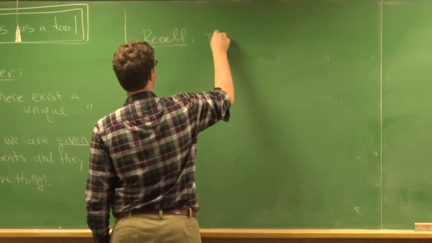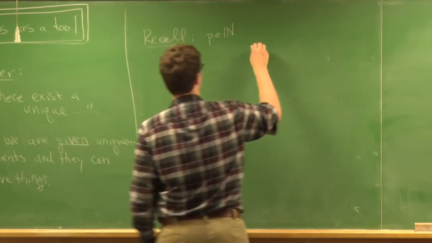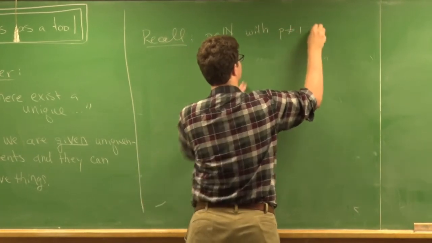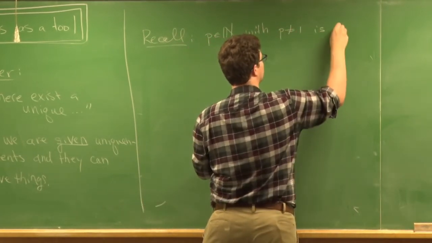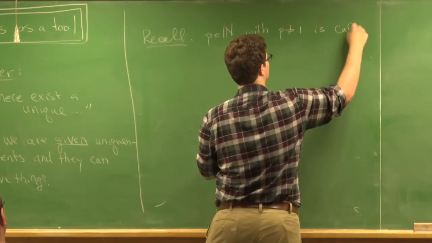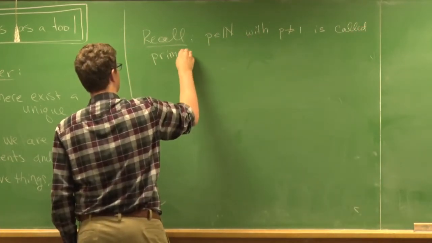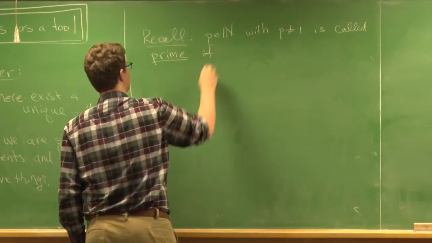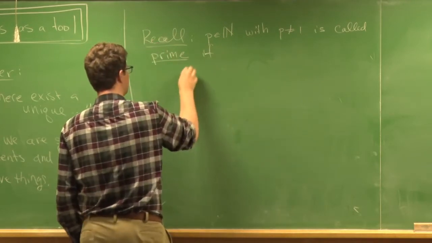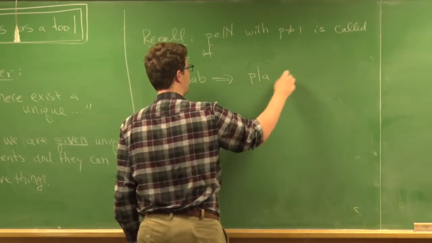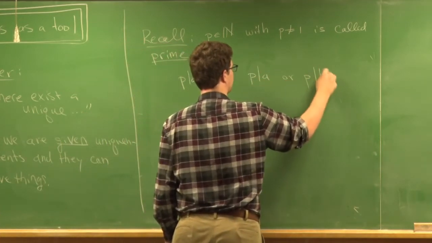A p in the natural numbers with p not equal to 1 is called prime if p divides a times b implies p divides a or p divides b.